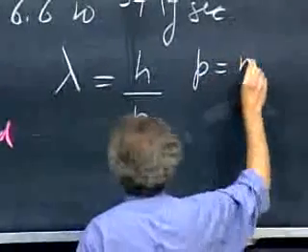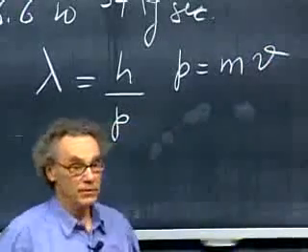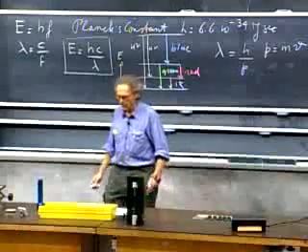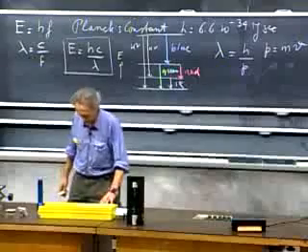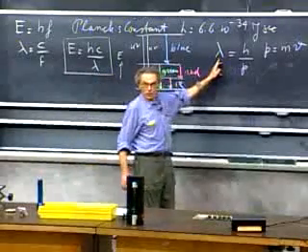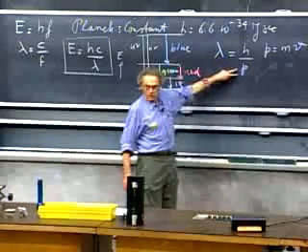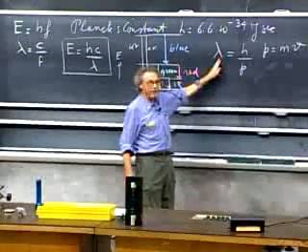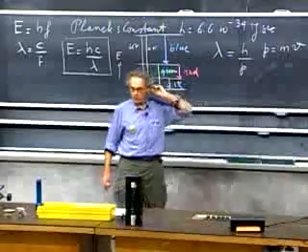And the momentum is the mass of the particle times the velocity, as we have seen in 801. If the momentum is higher, then the wavelength is shorter. A baseball will have a very high momentum with ridiculously short wavelength.